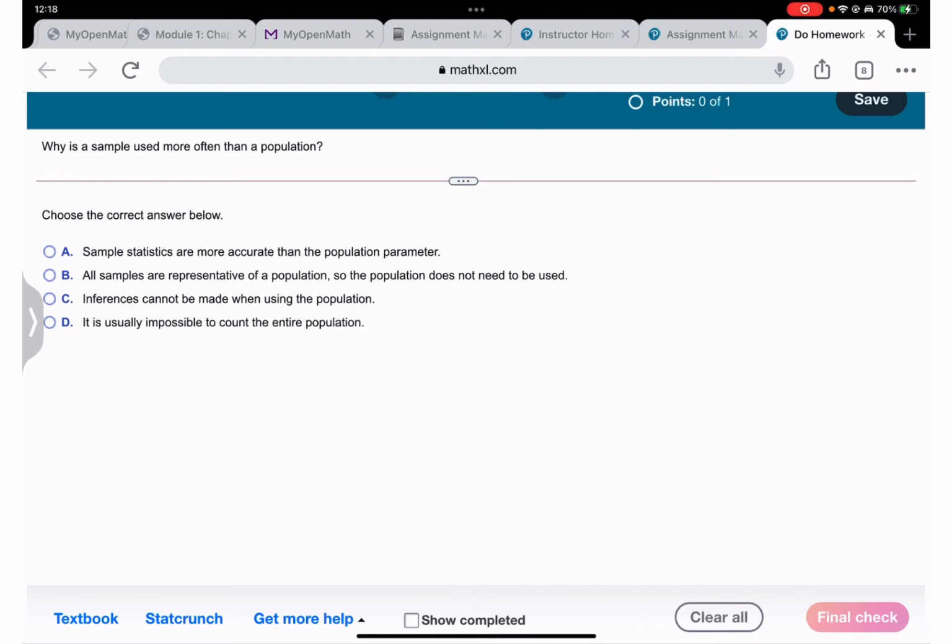How on earth can you catch all dolphins in the world, or birds, or the behavior of children? Because it's usually impossible to count the entire population, we use a sample.